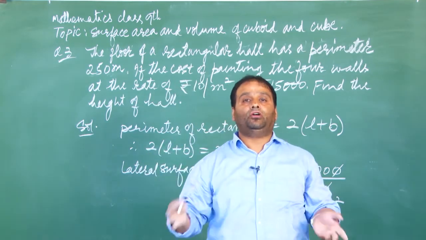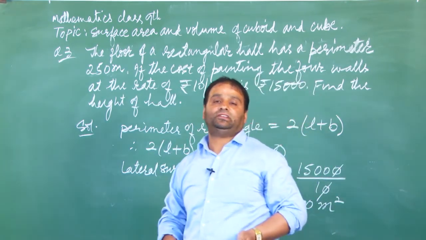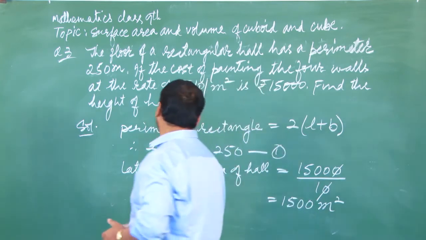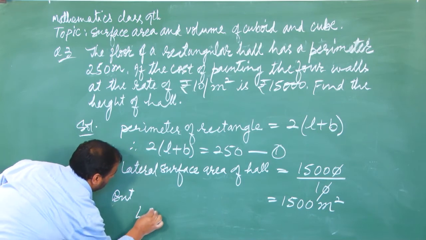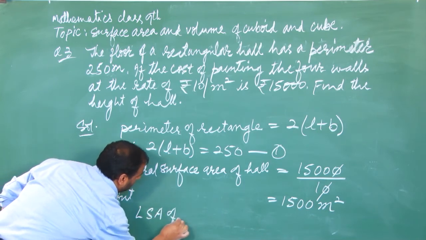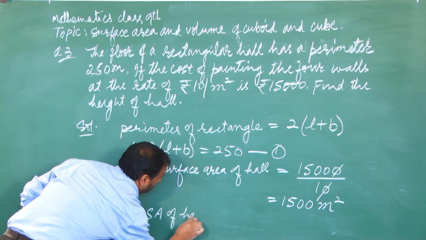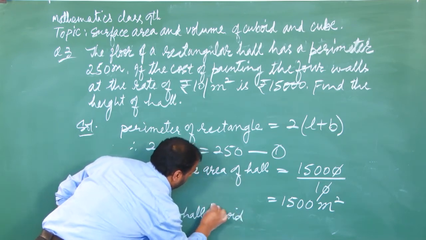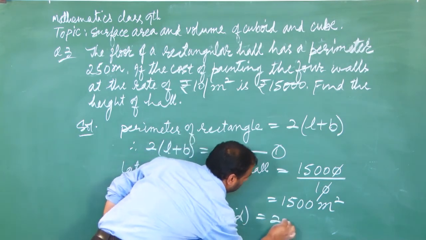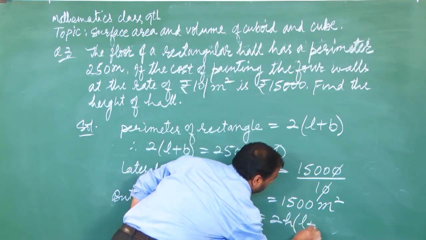If we go by the formula of the area of 4 walls or lateral surface area of cuboid, it is given as what? Lateral surface area of cuboid, because the hall is of cuboidal shape, is 2 times height into length plus breadth.